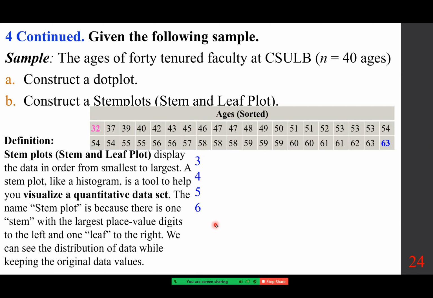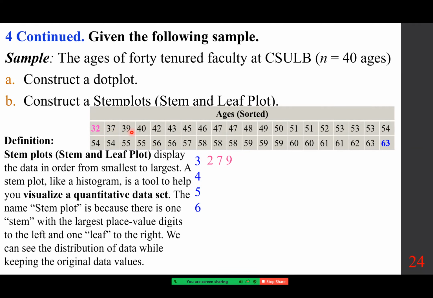That's the stem. And now we're going to go with the leaf. So we start with 32, 37, 39. So next to 3, we're going to put 2, 7, and 9.